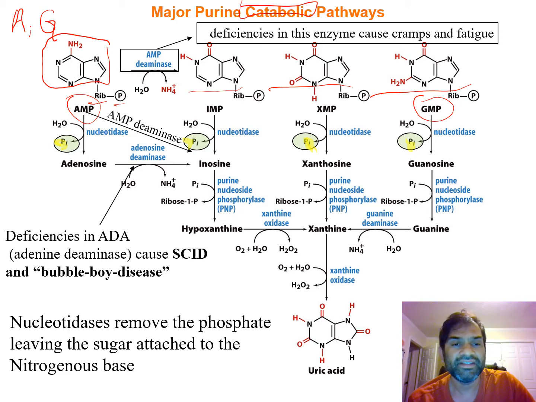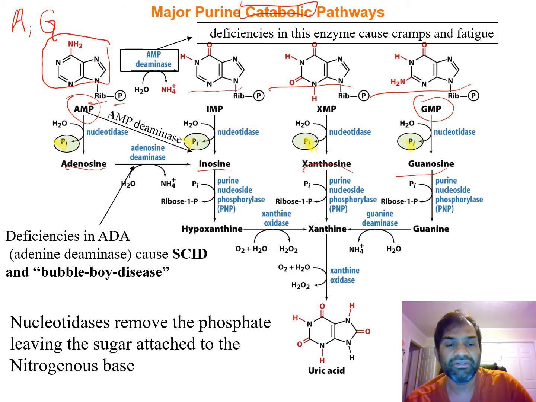When that happens, we get the corresponding ribose with the nitrogenous base. These have the sugars and the nitrogenous bases, and that usually has the designation of osine: adenosine, inosine, xanthosine, and guanosine. Again, the ribose sugar with the nitrogenous base.